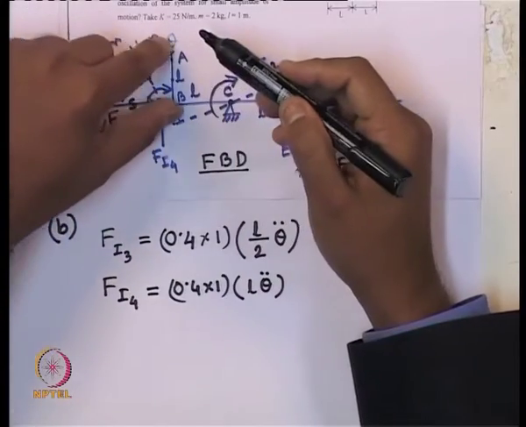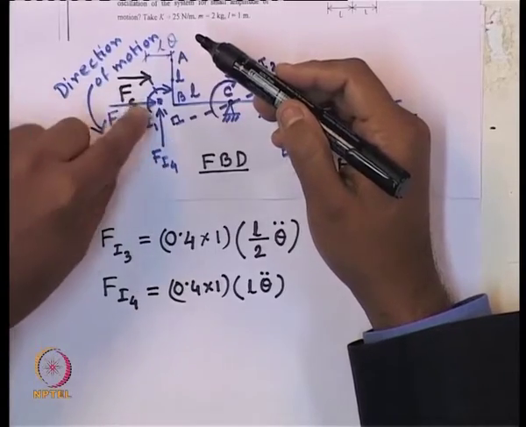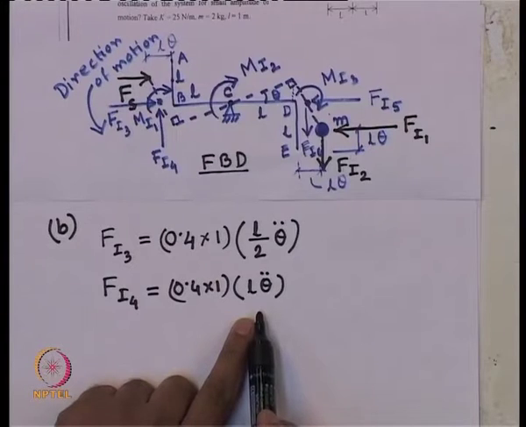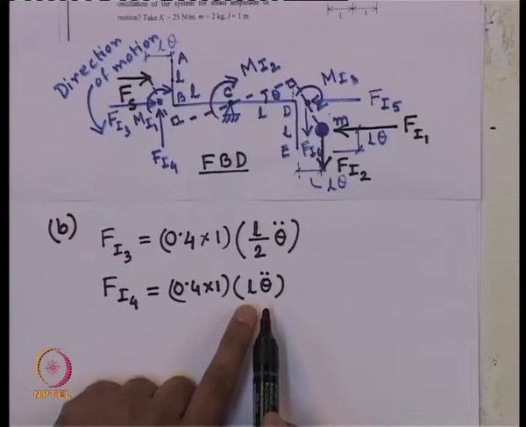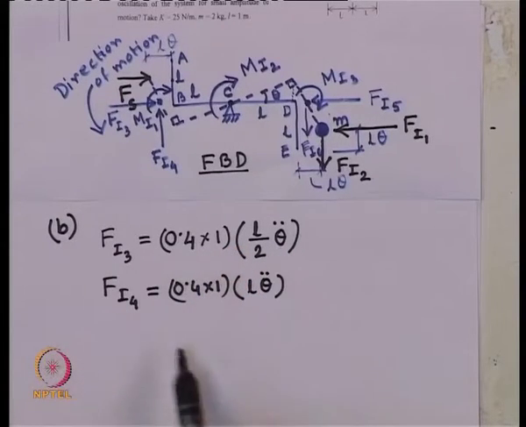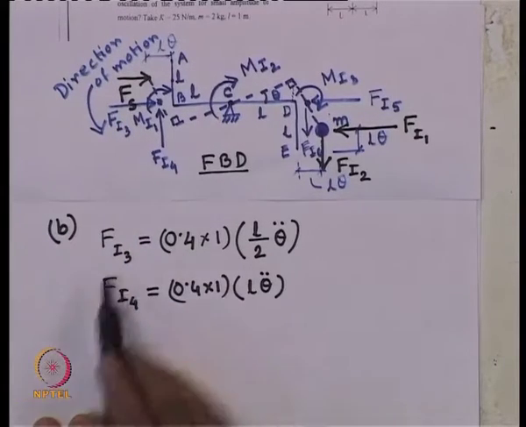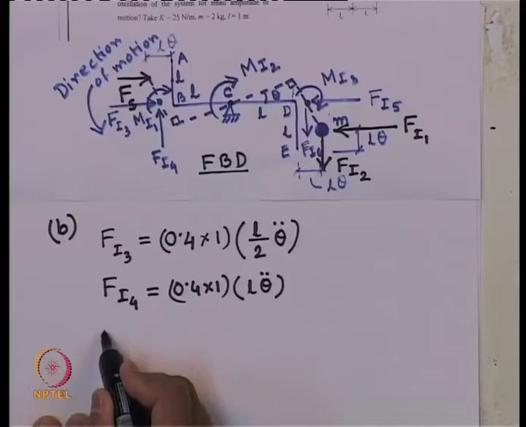So, the entire rod AB has moved down by L theta. That is why the center also has experienced a displacement of L theta, and the vertical acceleration is L theta double dot, not L by 2 theta double dot like the horizontal one. So, we have to look at the picture very carefully in the free body diagram while writing these expressions for inertia forces.